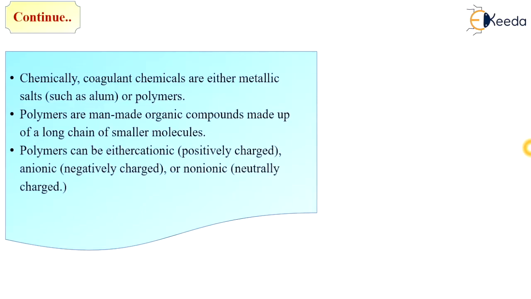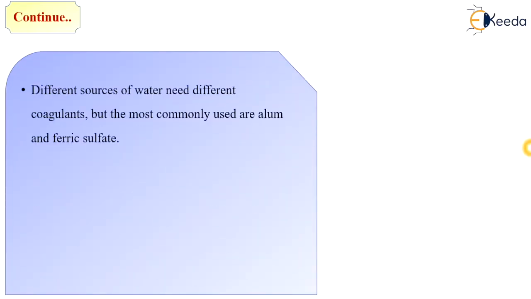So, in the form of polymers as well as metallic salts, we add them to raw water as a coagulant. The different sources of water need different coagulants, but the most commonly used are alum and ferric sulfate. Depending on the characteristics of raw water, we select the type of coagulant. Normally we use alum and ferric sulfate.